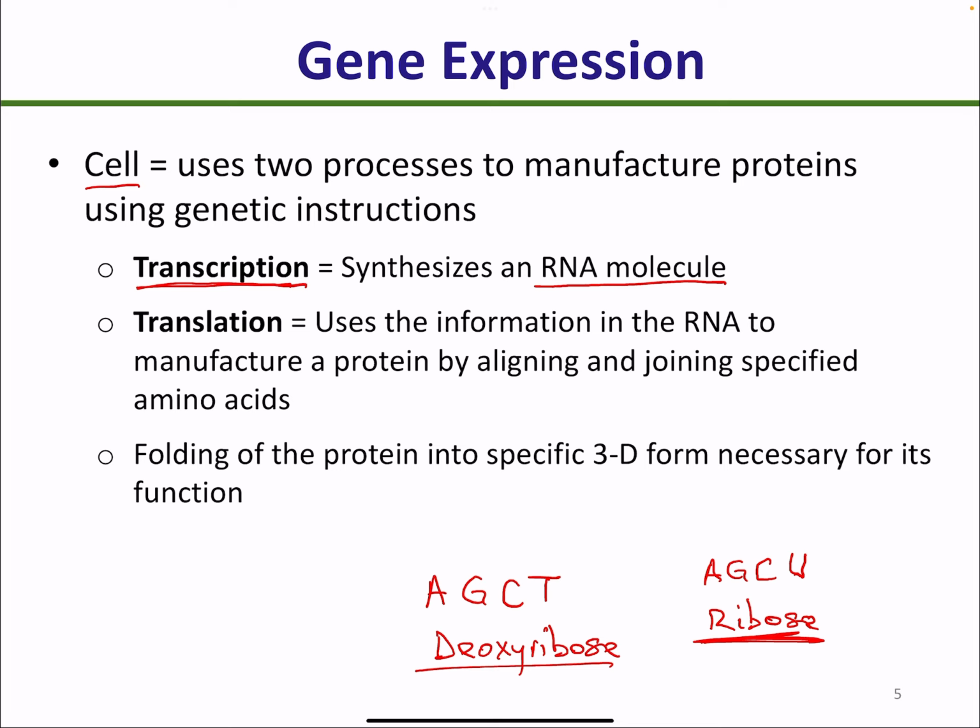And then the information that is transcribed is going to be translated. That translation is going to allow us to convert the information in RNA into another type of language, the language of amino acids.